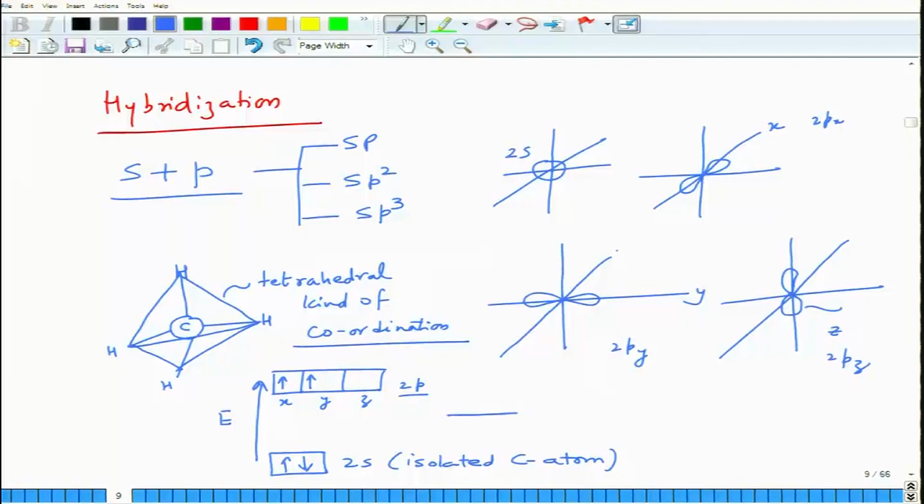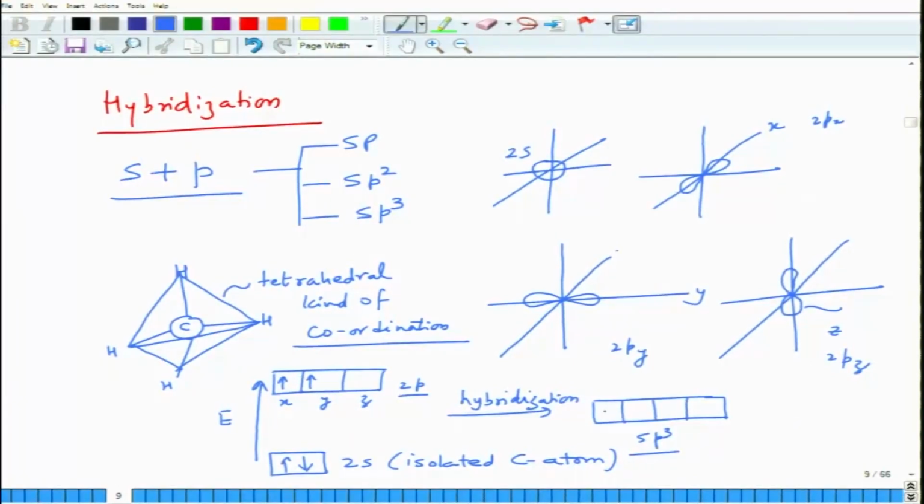So when the hybridization happens, you make an sp3 kind of hybridized orbital like this. So we say this as sp3 orbital, okay, and what you form is basically 4 sp3 orbitals.